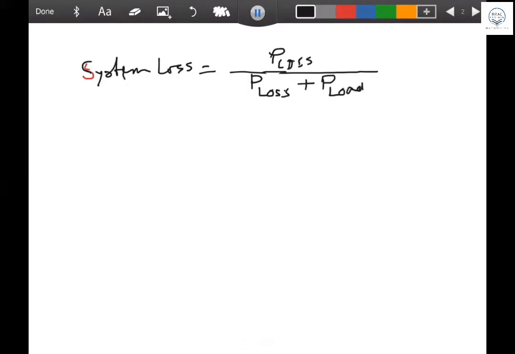P load means how much power we are getting at home. That is the percentage power loss: P loss divided by P loss plus P load.